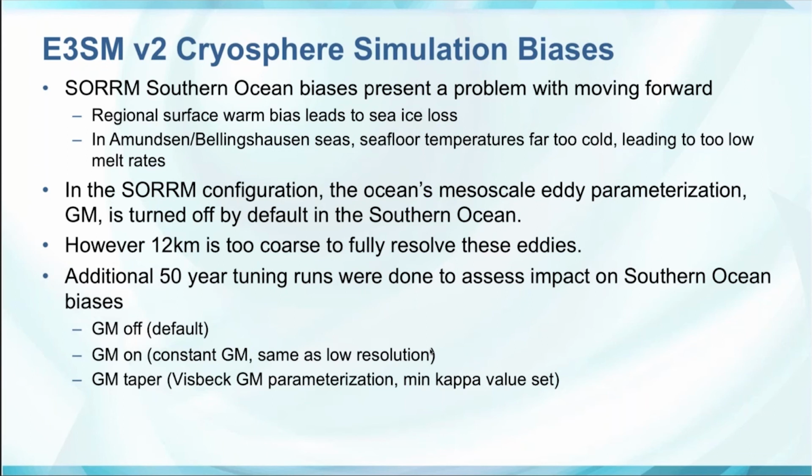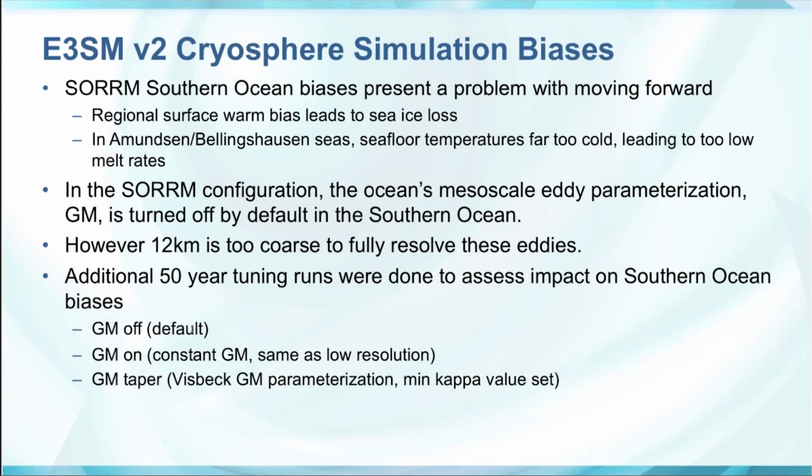And then a middle ground where we're using not a constant GM, but what's known as the Visbeck GM parameterization, with a minimum threshold set on the kappa coefficient so that it can't be completely turned off in the Southern Ocean. And I'll lead with what to expect for the next couple of slides: GM off and GM on will be end case members.